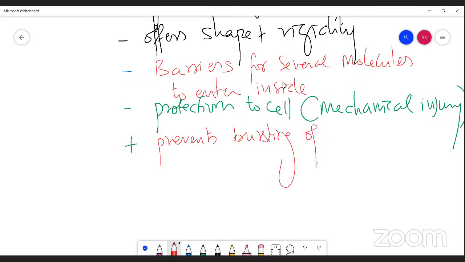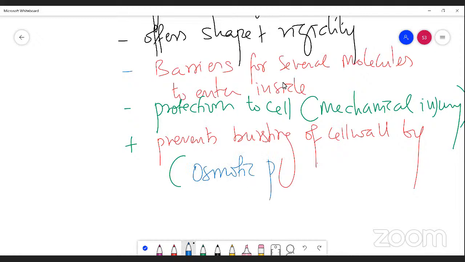It prevents bursting of the cell wall by balancing osmotic pressure. Osmotic pressure is a pressure which maintains the stability of the cells.